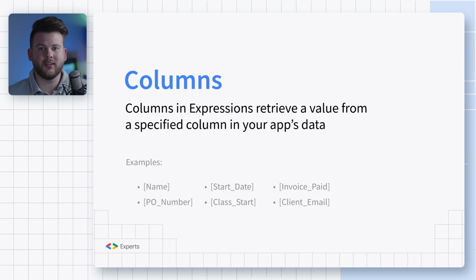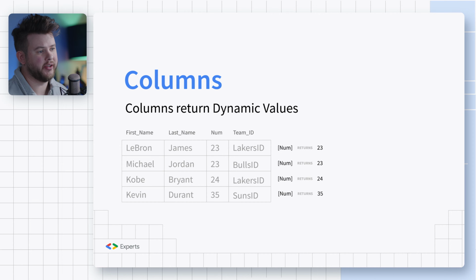Columns. These allow you to retrieve a value from a specified column in your app's data. They look like this. You'll see the name of a column wrapped in square brackets. Columns return dynamic values. What this means is that based on where that num column is running, it returns different values.